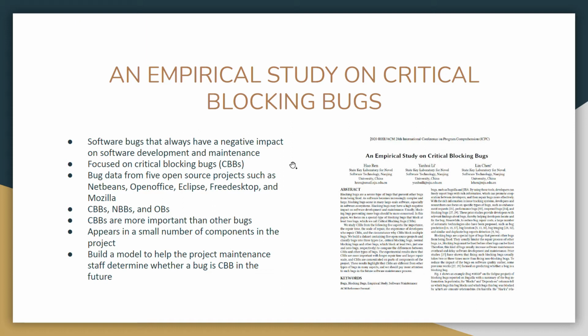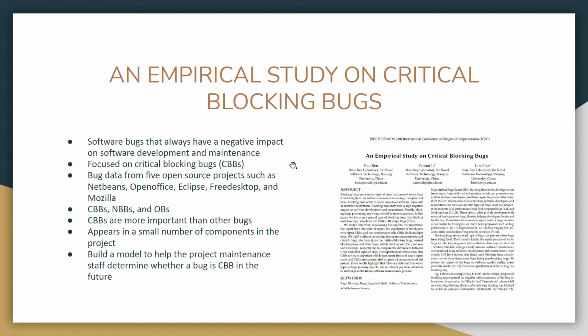After that, they divide it into 3 categories, which are CBBs, second one is NBBs, and third one is OBs. All of these categories are analyzed from the following aspects: the fix time of the bug, the experience of the developers who fix it, the importance of the bug, and the scale of the bug fix.